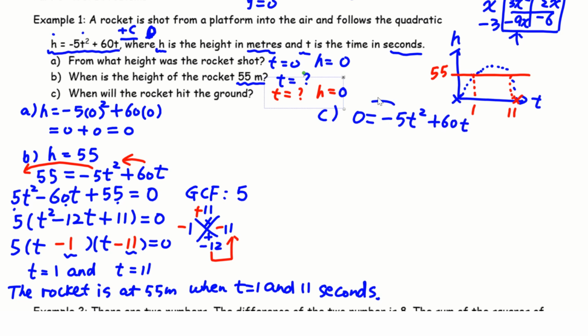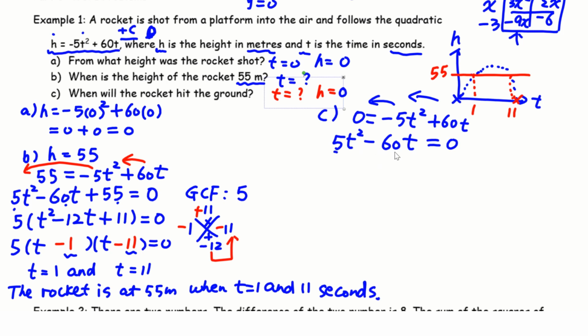Then we don't want to see the negative, so we move the negative 5t squared and the positive 60t to the other side by changing the opposite operation. Minus 5 becomes plus 5, plus 60t becomes minus 60t. Then we have two terms. We want to see if we have common factors.